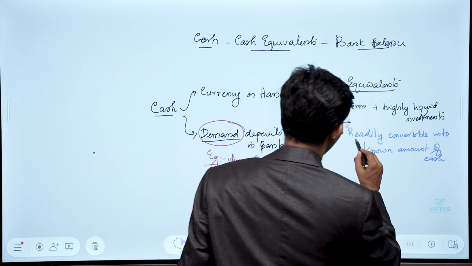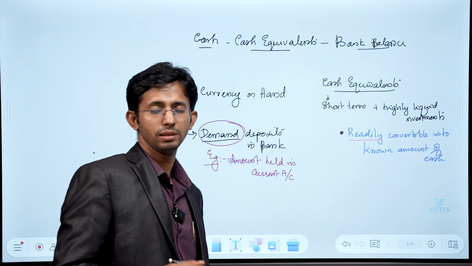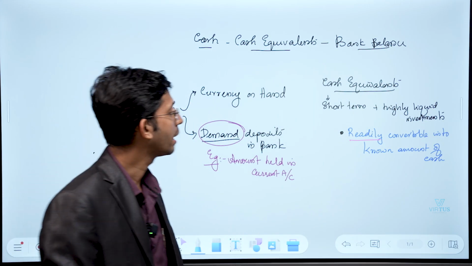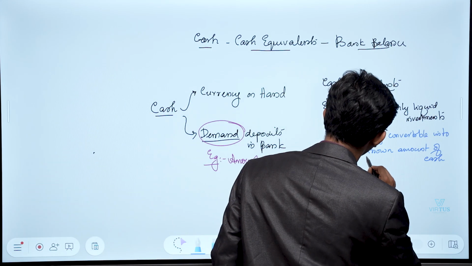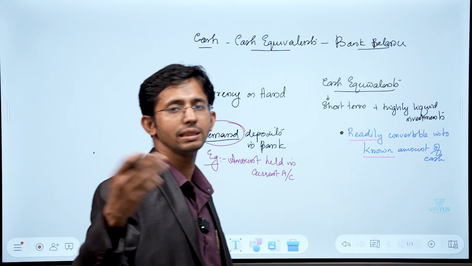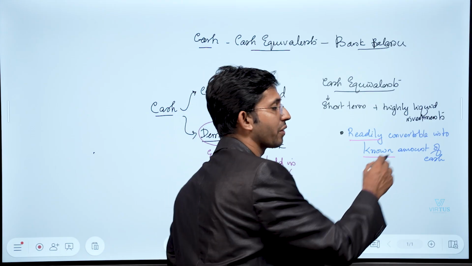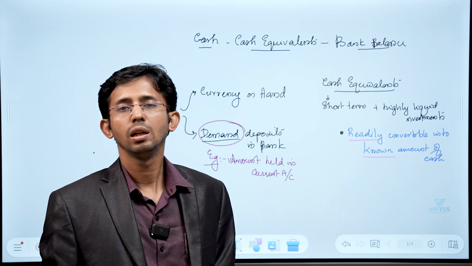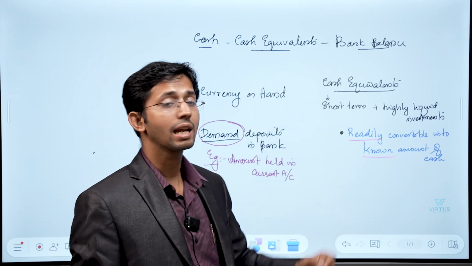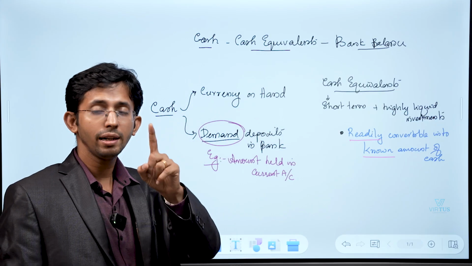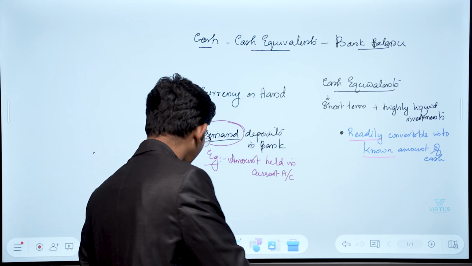It has to be readily convertible; there cannot be any delay. Also, when you convert, it shouldn't be that at the time of conversion they will decide how much to give. No, it should be readily convertible into a known amount of cash. That will be classified as cash equivalents. So this is only one criterion. Now what is the second criterion?